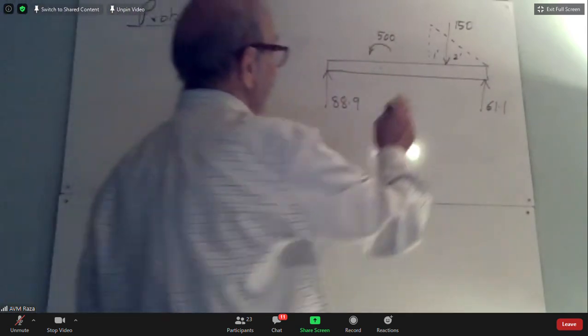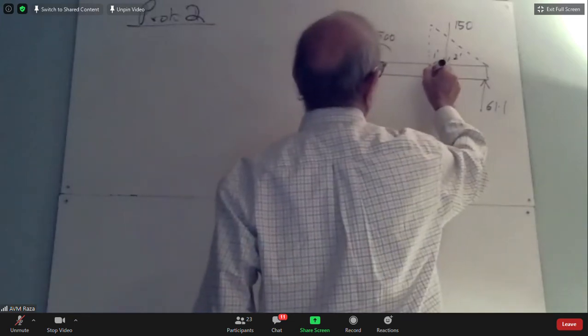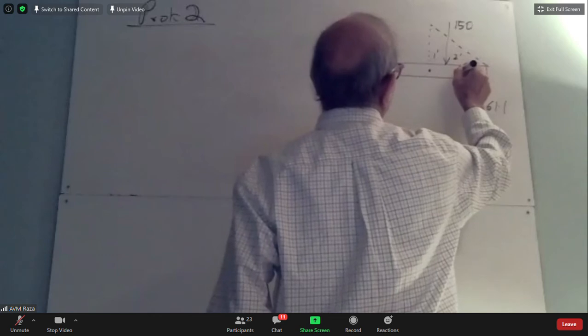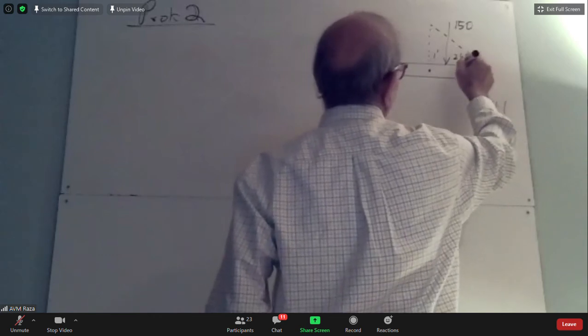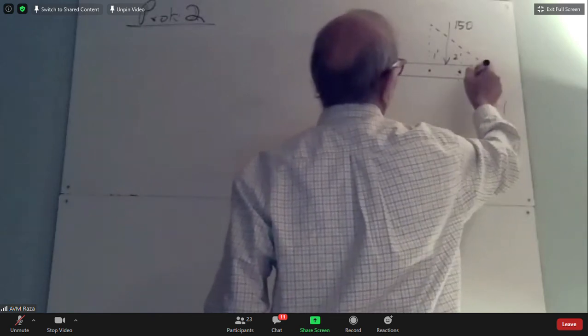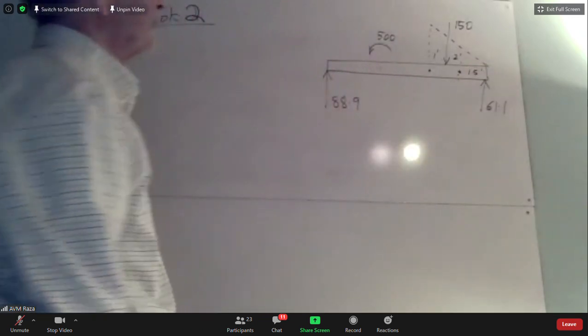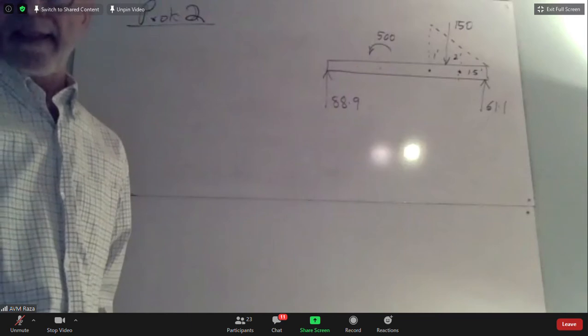And point C, by the way, this is again 3 feet, the whole thing, but point C lies at the center. So this is 1.5 on either side. Everybody good?